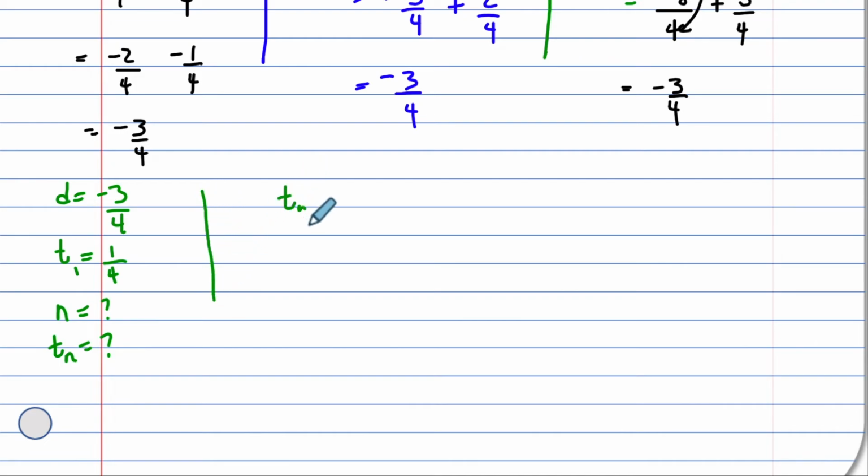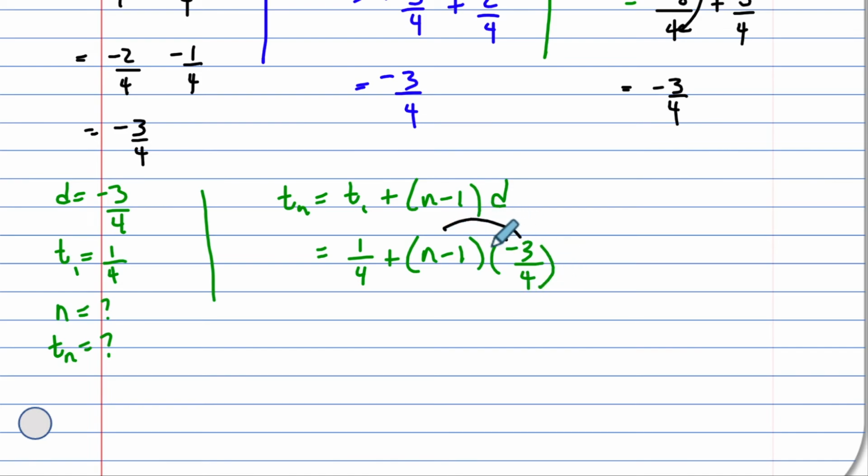So the general formula comes from the original formula. So we'll plug in 1/4 plus, we don't know n, it changes all the time, and then the D is negative 3/4.